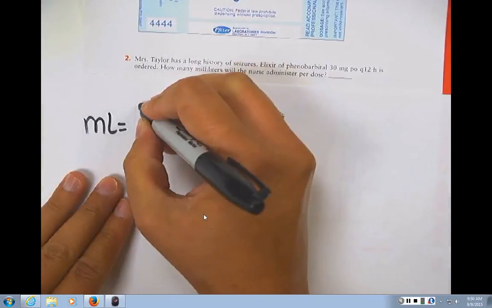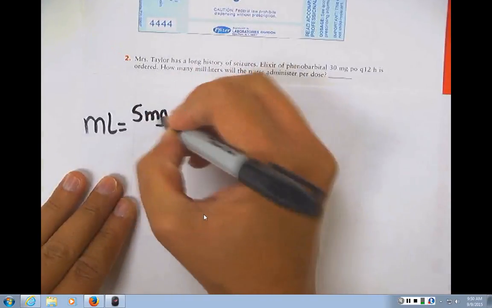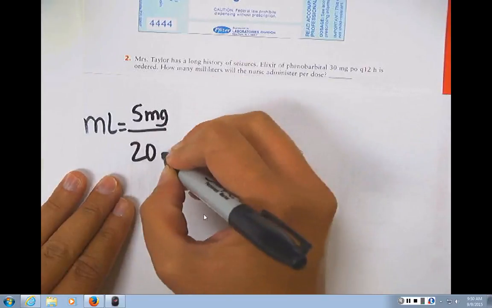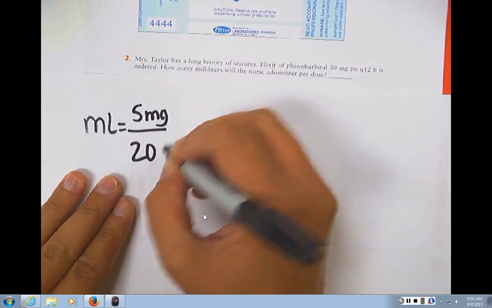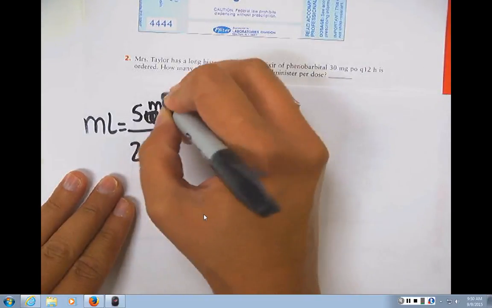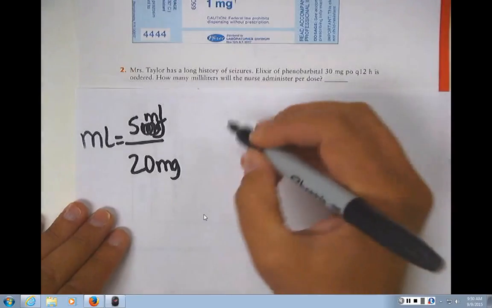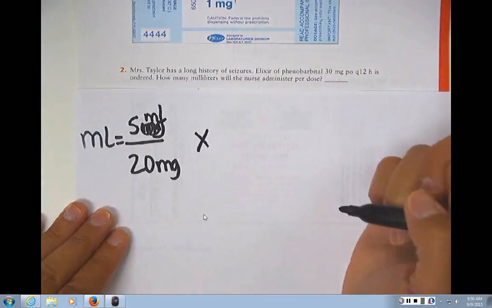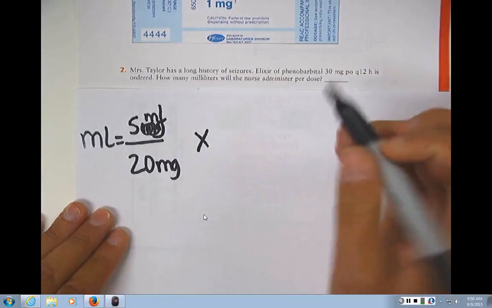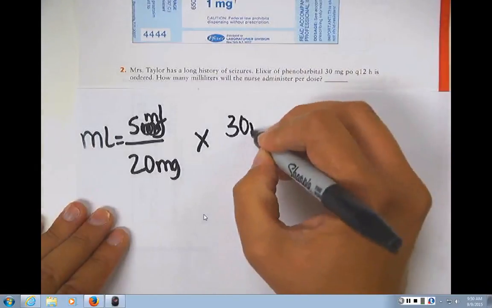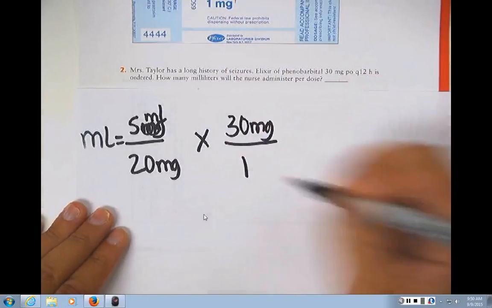So 5 mL over 20 milligrams. And then I'm going to multiply that times the dose that the physician ordered. The physician ordered 30 milligrams. And I'm just going to put that over 1.